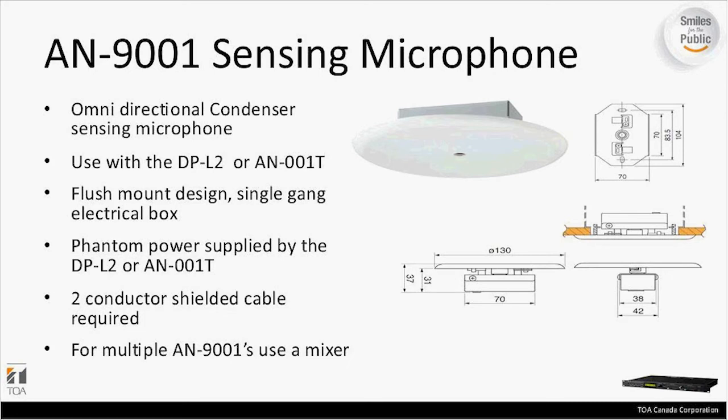And if we're using multiple ones for the DPL2, for example, in a common environment, then we'd want to put it through a mixer first because there's only one input from the DPL2 for the sensing microphone. So that would give you an average of the sound, and then you can deal with that ambient noise accordingly.